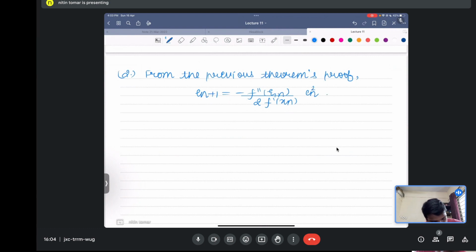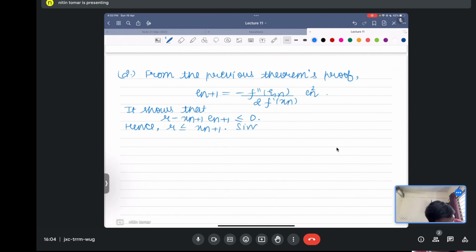We have already seen this. And so it shows that, because everything is positive, this thing is positive, so it is actually negative. So hence this was r minus x_{n+1}. So r is less than or equal to x_{n+1}.